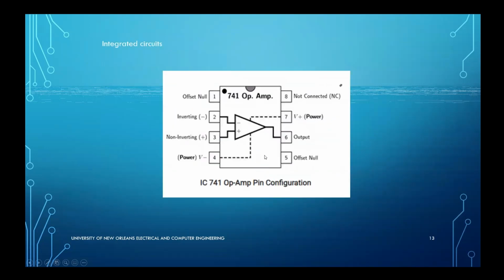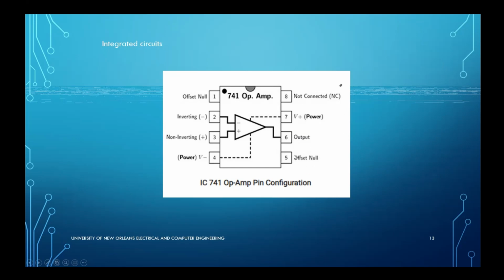And that's what the integrated circuit will have to be connected to. See, this is one of the typical ones you will see, and it shows you the different pins, right? As we already saw, I'm connecting 2, which is the inverting terminal, 3 is the positive terminal, 4 is the negative power, 7 is the positive power, and we're not using this one, and not even this one here, okay?